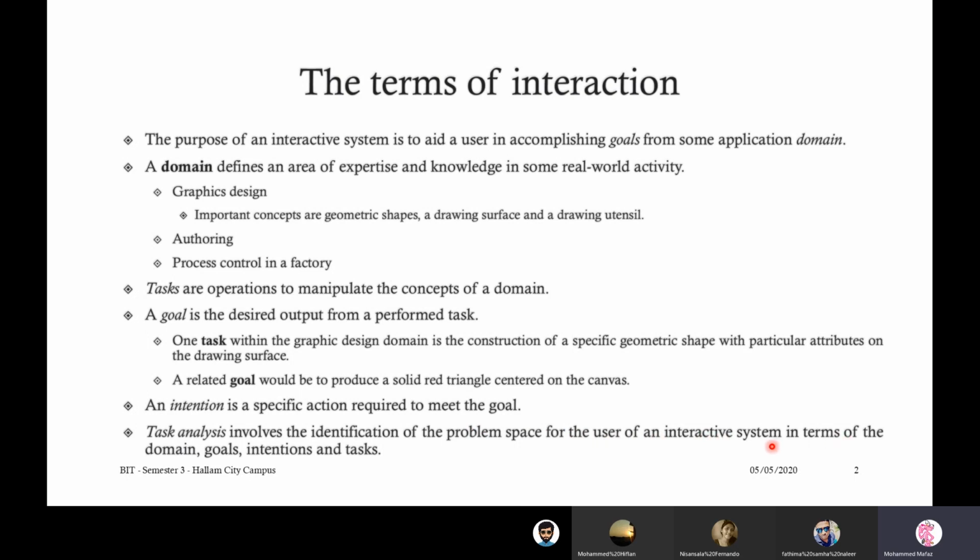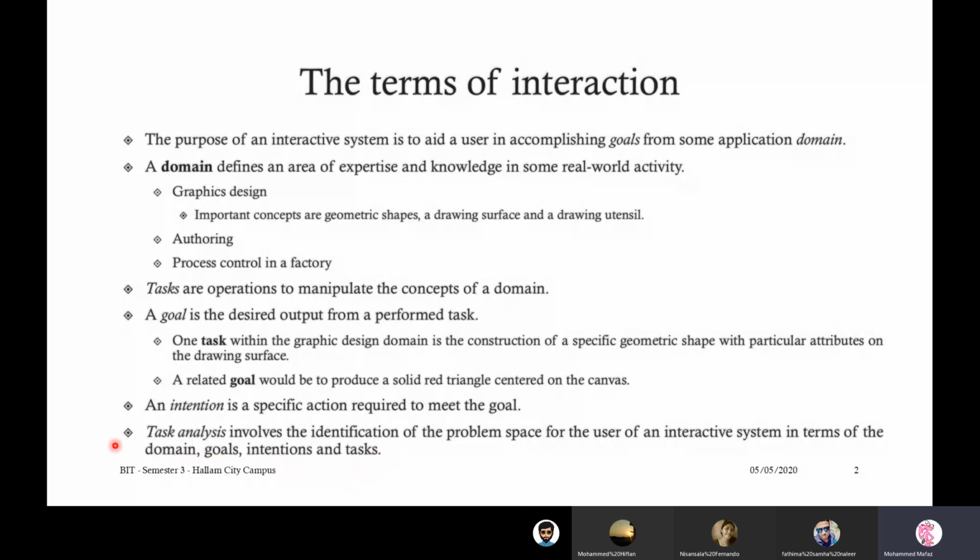So this concept involves, if a user is there and there is an interactive system, whether this user needs to use that system or not, studying about it in terms of the domain, the goal of the users, the intention of the users, and the kind of task that he needs to do.